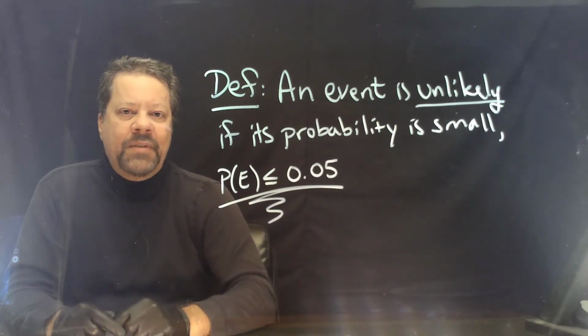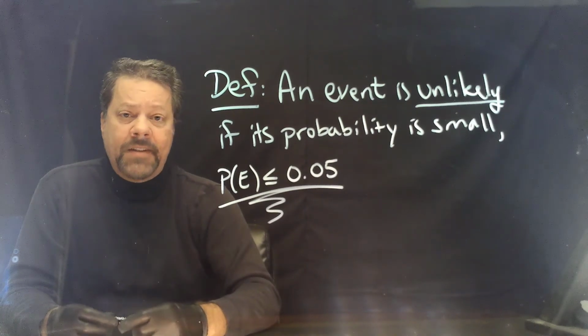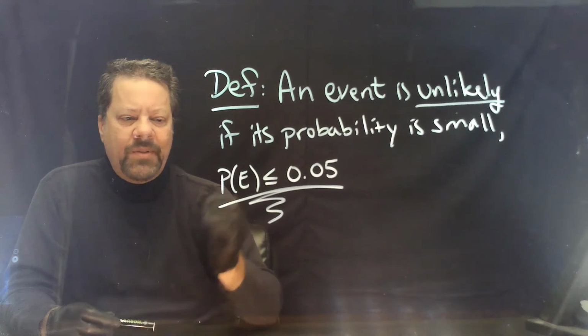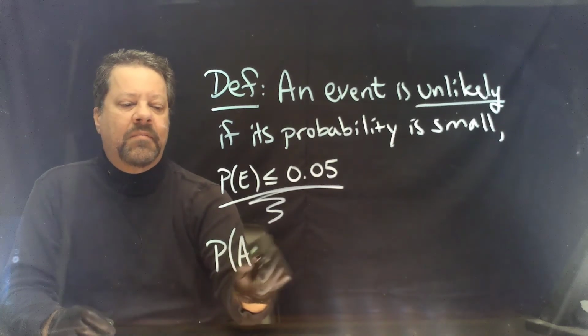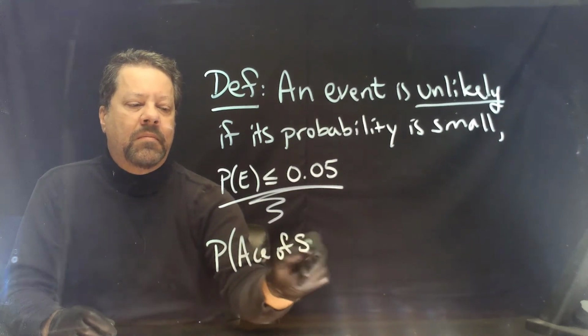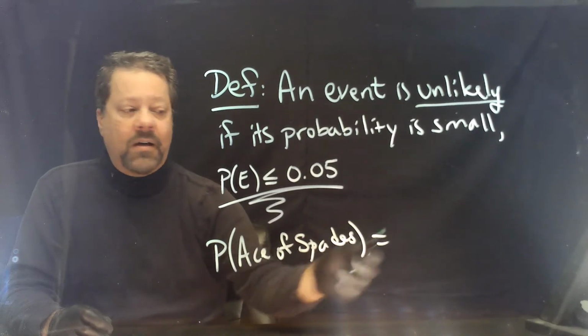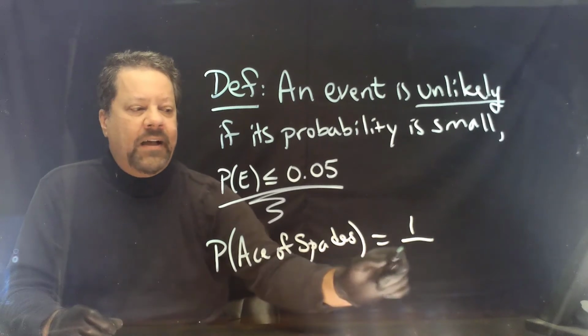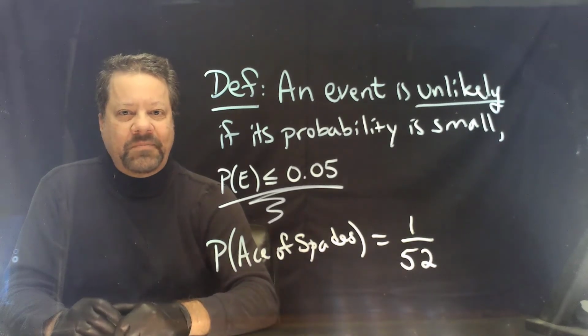As an example, suppose I'm drawing from my fair deck of 52 cards the ace of spades. What is the probability of drawing the ace of spades? Well, it's just one card, a simple event, out of a deck of cards consisting of 52 simple events.